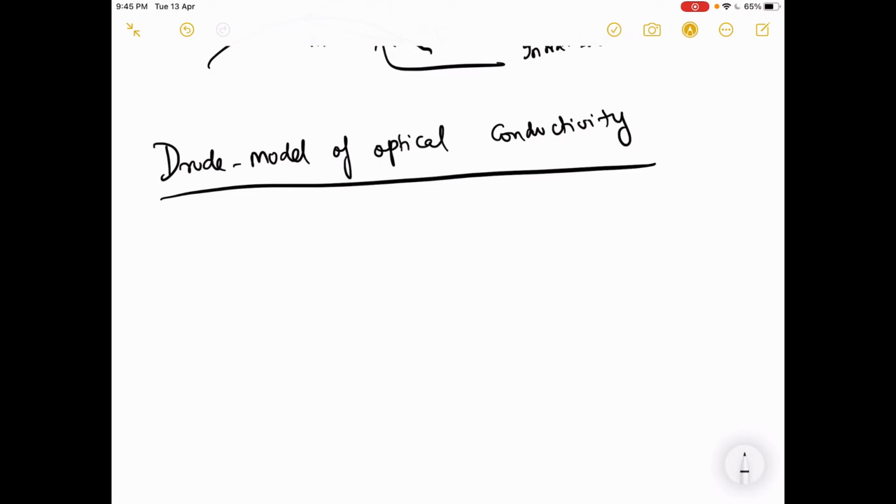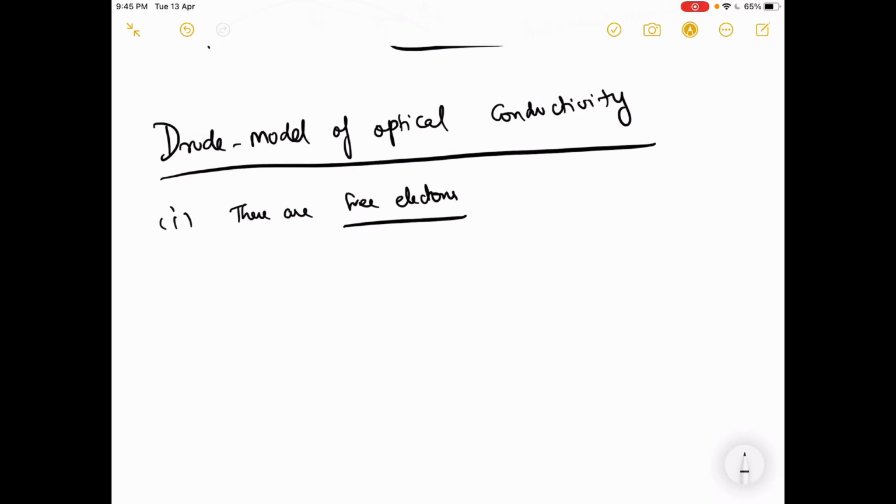So for that, let's go back to our original Drude equation. Let's say we assume there are free electrons, right? Electrons are free, they scatter with themselves as well as ions. Under this and all the assumptions of Drude's model, we saw that if there exists some force, now we are going to assume a time-dependent force. This is E of t.